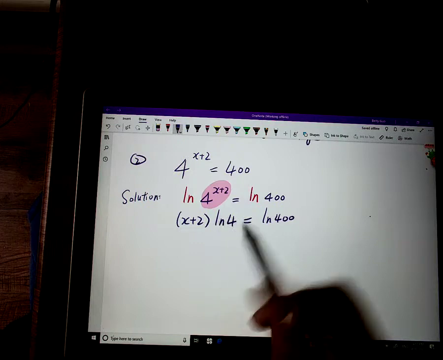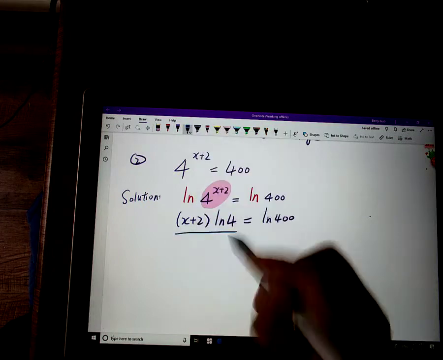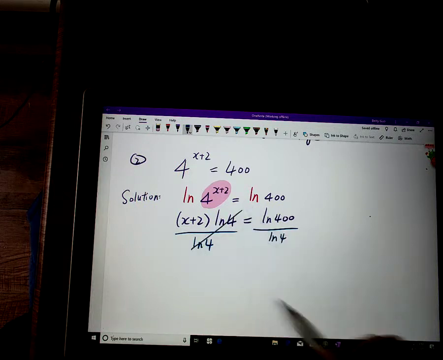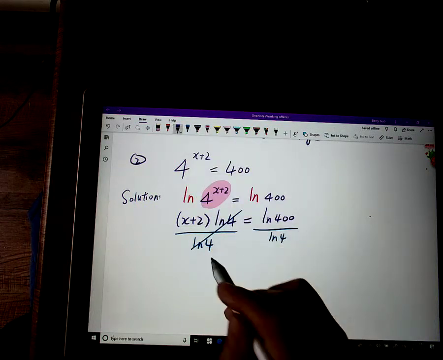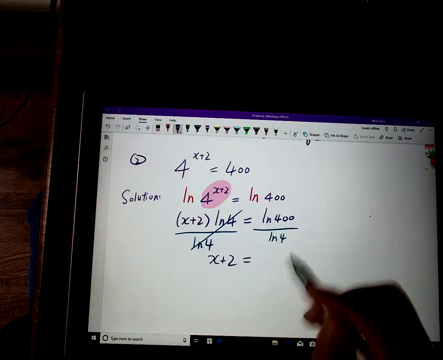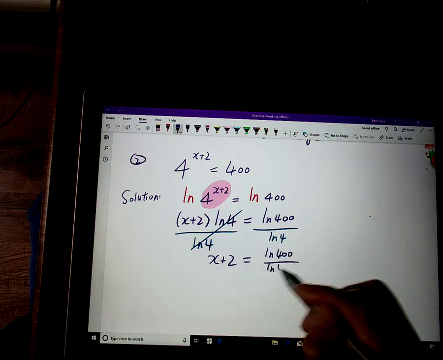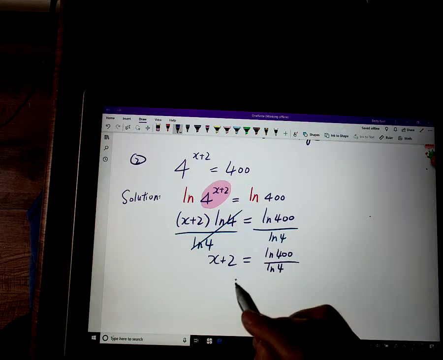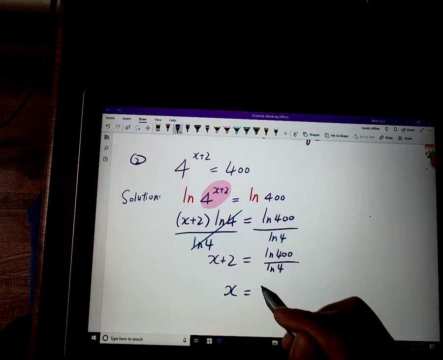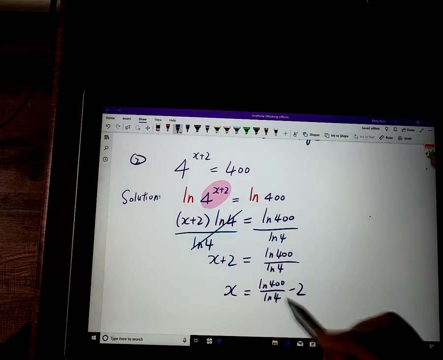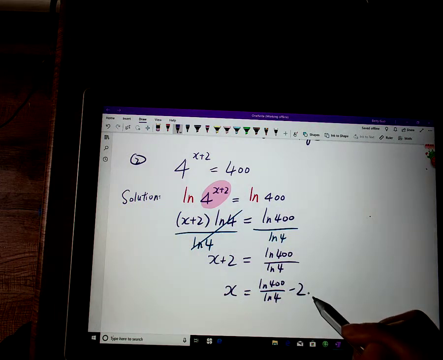If we divide both sides by ln 4, they cancel each other, right? Then we would have x plus 2 by itself on the left. And on the right-hand side, we have ln 400 over ln 4. Minus 2 from both sides, we have x equals ln 400 all over ln 4 minus 2. Again, I leave this for you to evaluate using a calculator.